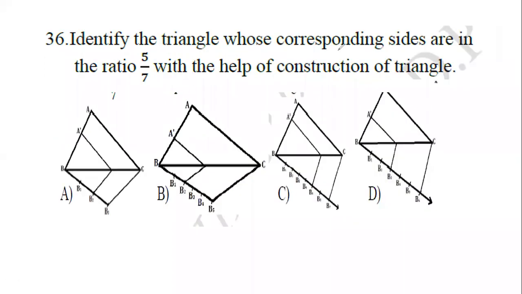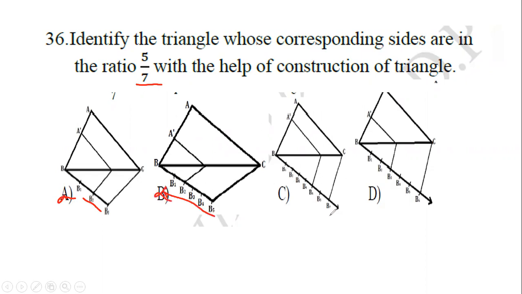36th question. Here, identify the triangle whose corresponding sides are in the ratio 5/7 with the help of the construction of the triangle. Here only 3 points are there, so this option is wrong. Here only 5 is there, so this one is also wrong.